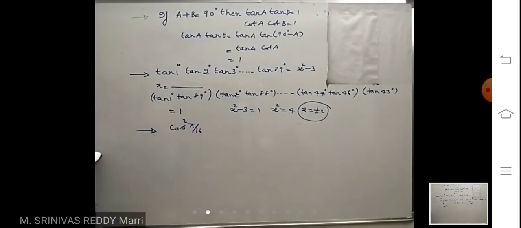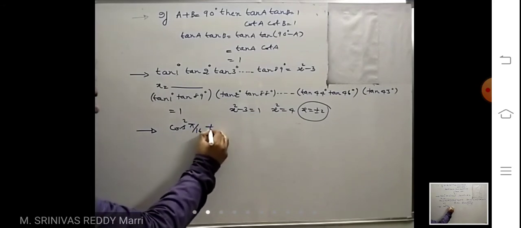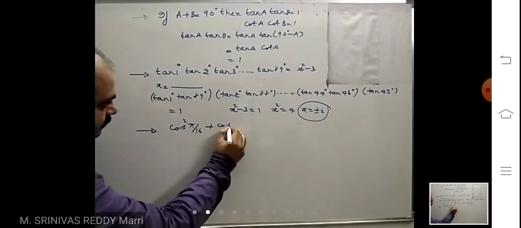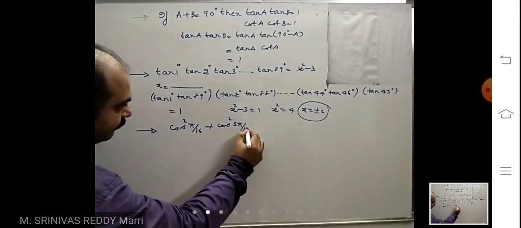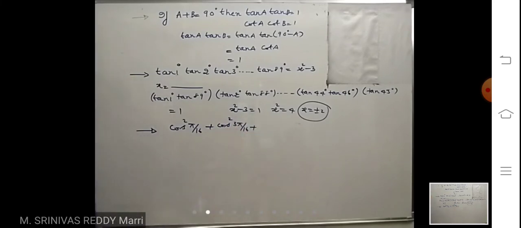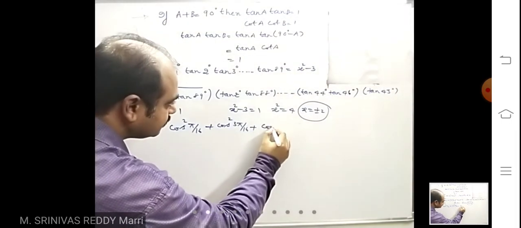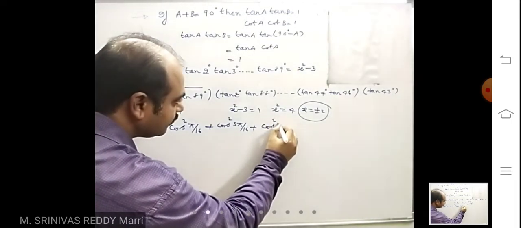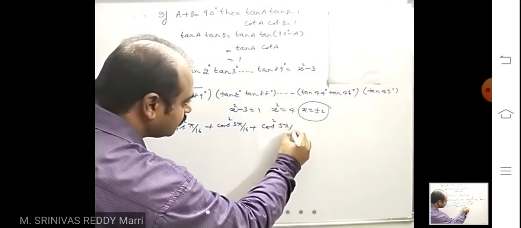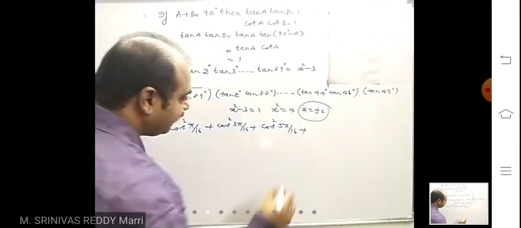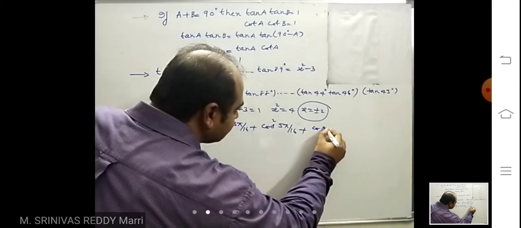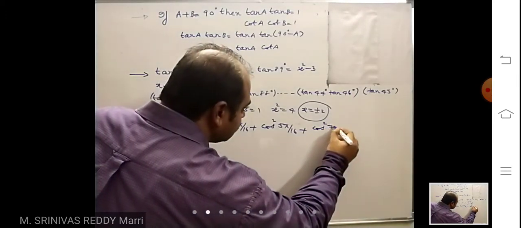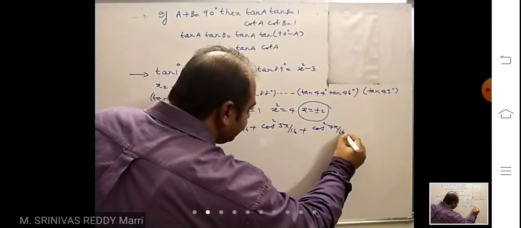Cos squared pi by 16 plus cos squared 3 pi by 16 plus cos squared 5 pi by 16 plus cos squared 7 pi by 16.